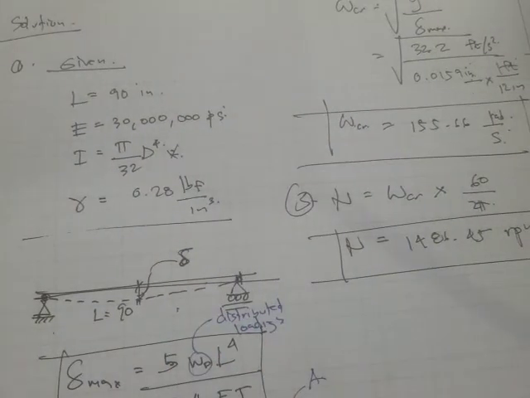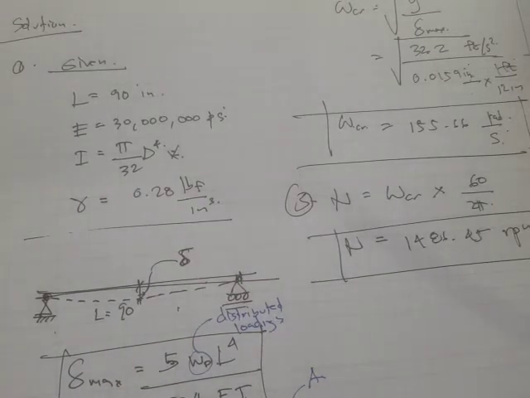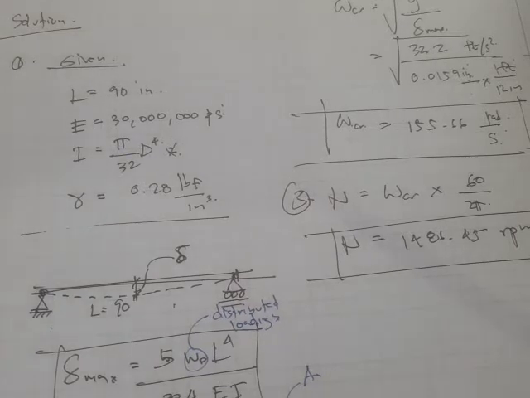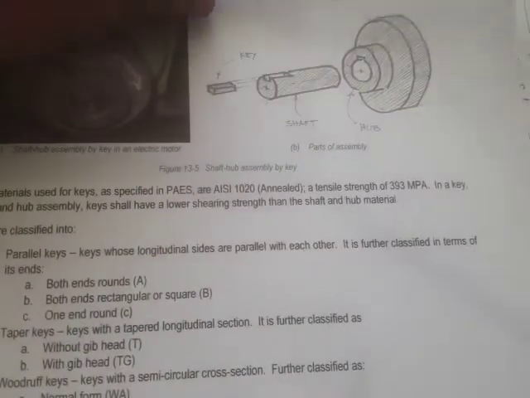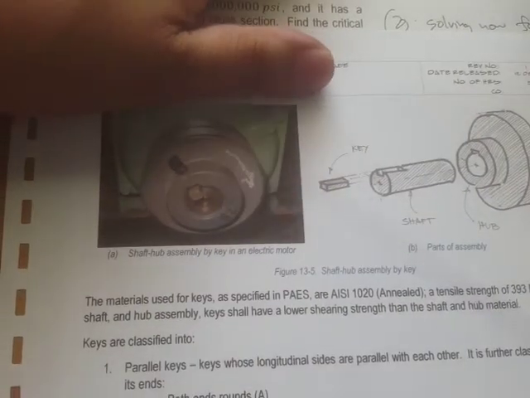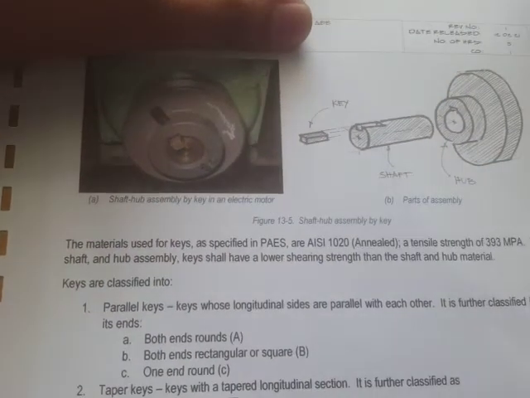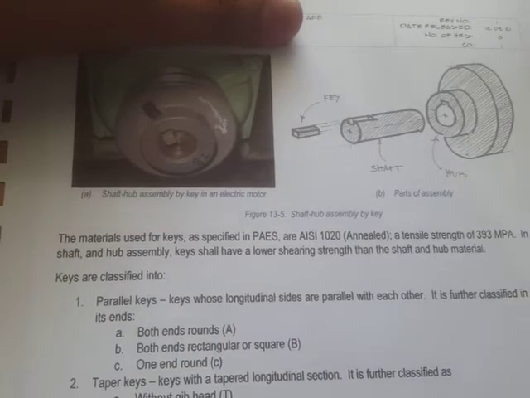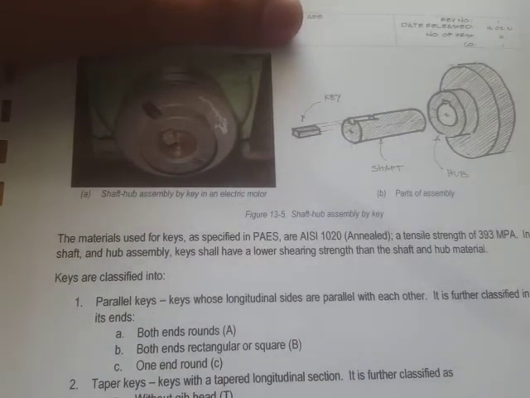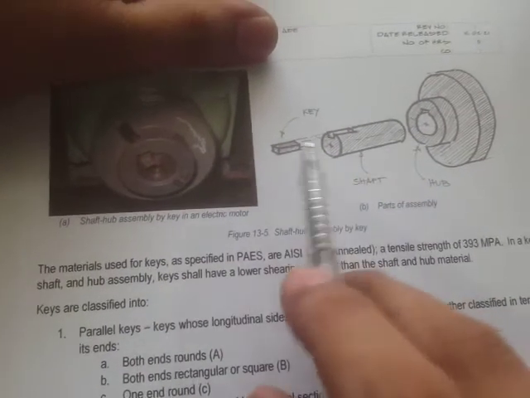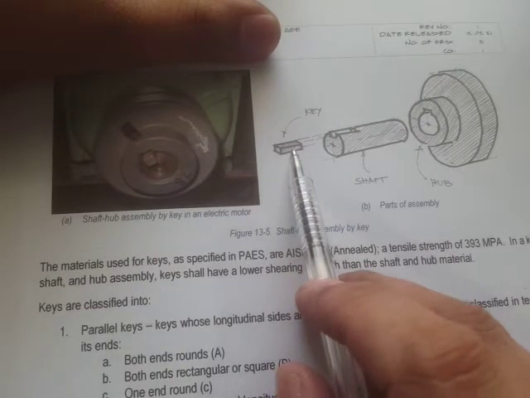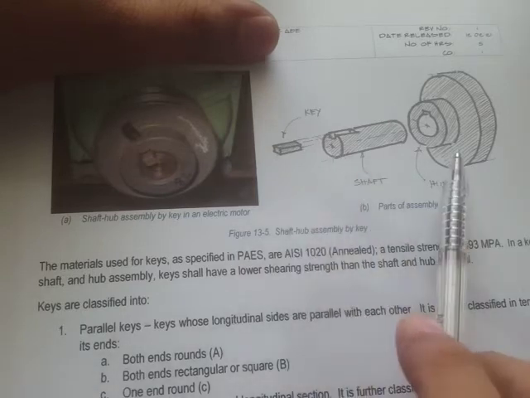All right, let's move on now to our next subtopic, which is the shaft keys. Shaft keys are something like intermediate machine elements between the shaft and the hub.